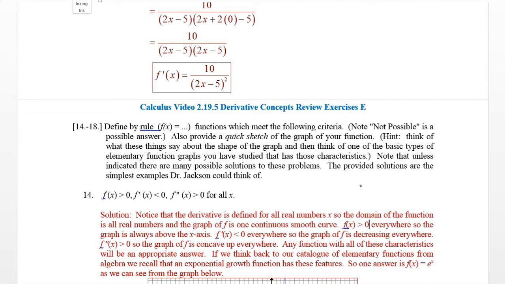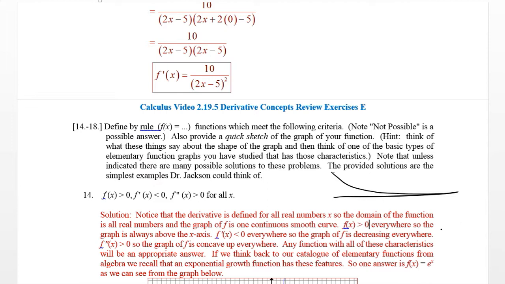Let's say it looks something like, here's the axis, right? It's got to be above the axis. It goes from forever left to forever right. It's decreasing, concave up, looks something like that. What function would look like that?